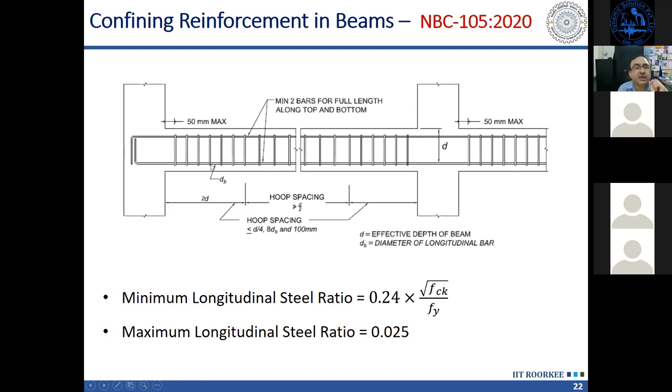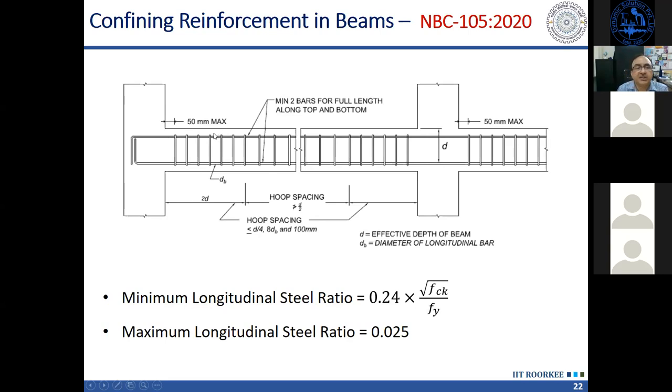But code says in any case, the bottom reinforcement should not be less than 50% of the reinforcement you have provided at the top. Even if 50% is not needed, you have to provide it as a minimum. Why? The reason is that if I have too much reinforcement on the compression face, this top reinforcement, which for one direction of earthquake will act in tension, for the other direction of earthquake will act as compression reinforcement.